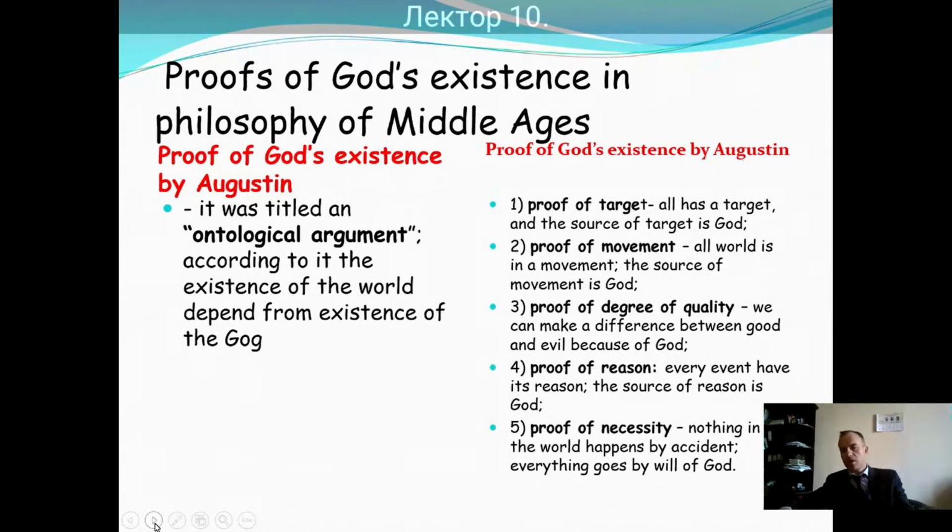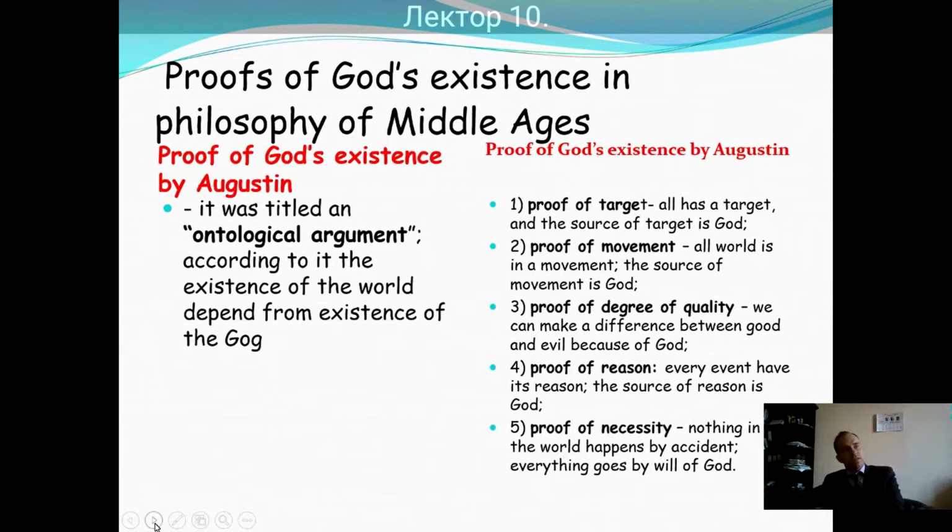But their ontology was religious, and they criticized the ontology of the ancient Greeks, because in ancient Greece the problem of the existence of the world and the human was connected with the problem of the existence of nature. According to the philosophers of the Middle Ages, God created everything in our world, including nature. That's the reason why we need to explore the existence of the world in connection with the existence of God.